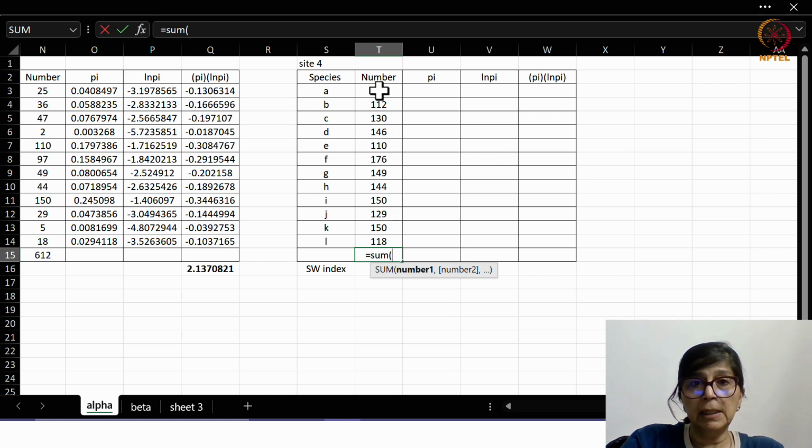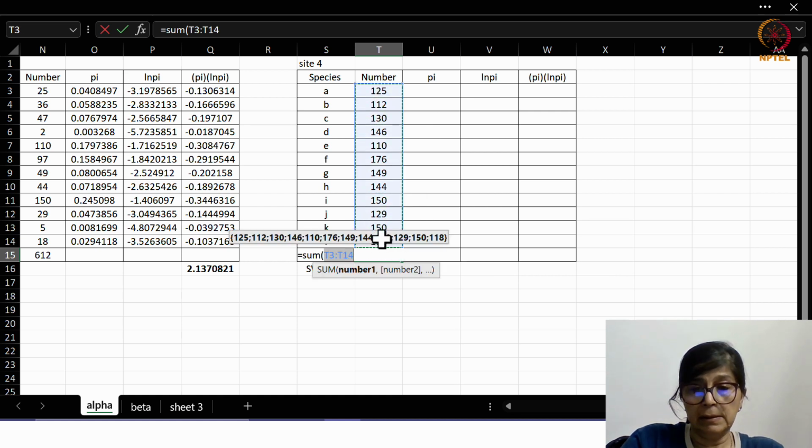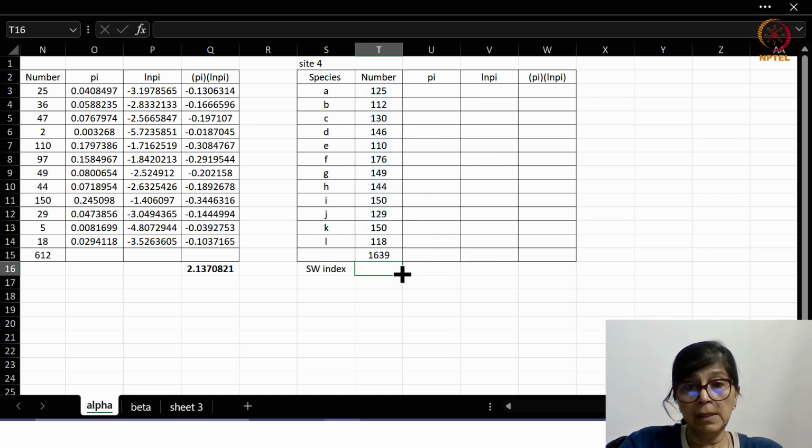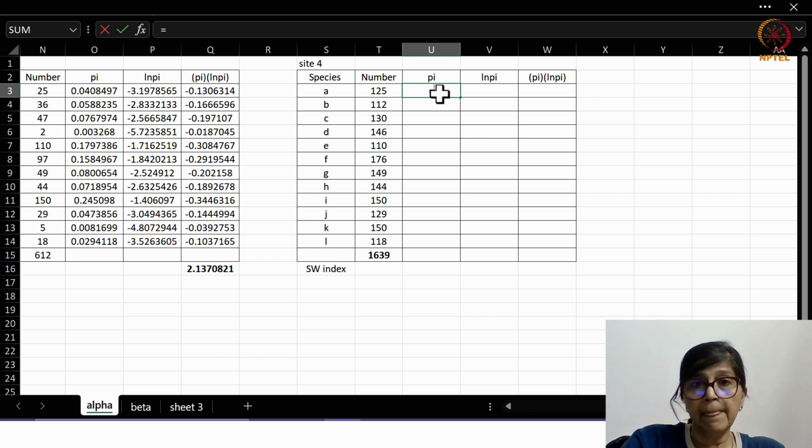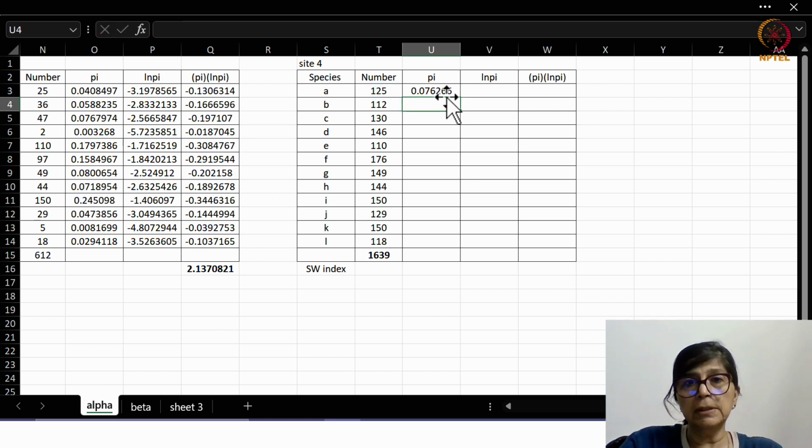Sum again. Okay, now it's 1639 individuals. pi divided by 1639 individuals.